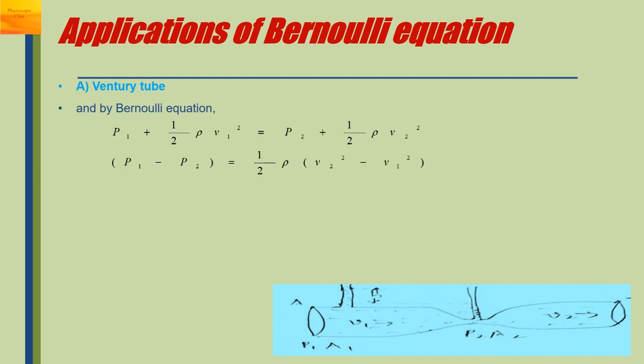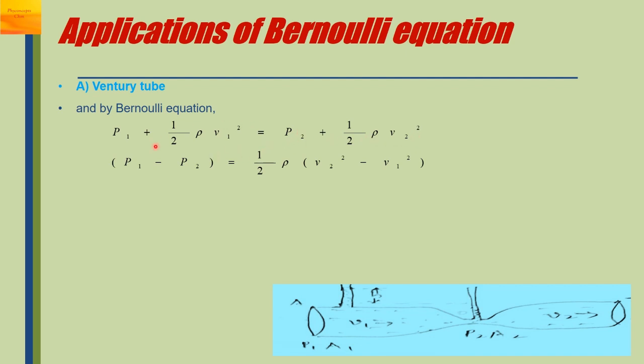Now we will write Bernoulli's equation for this tube. For the area of cross section A1, that is denoted by the LHS, and for the area of cross section A2, we are writing it in the RHS. So that will be P1 plus half rho V1 square is equal to P2 plus half rho V2 square.